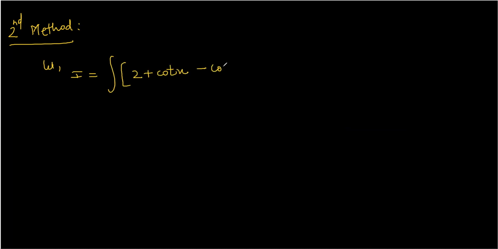So see what I'm saying. Second method, which is the faster method. So here I write, let I equals integral 2 plus cot x minus cosec square x. What will I do here? I will write this as integral 2 plus cot x in one bracket, and this is minus cosec square x, I'll write plus of minus cosec square x.